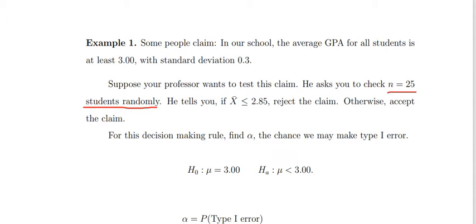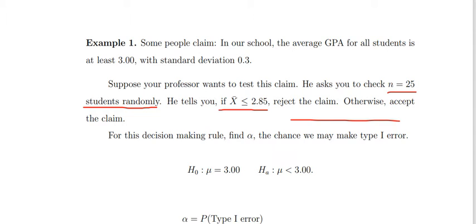We will check 25 students. We set this very simple decision-making rule: if the sample average is less than 2.85, we will reject. Otherwise, we will accept.